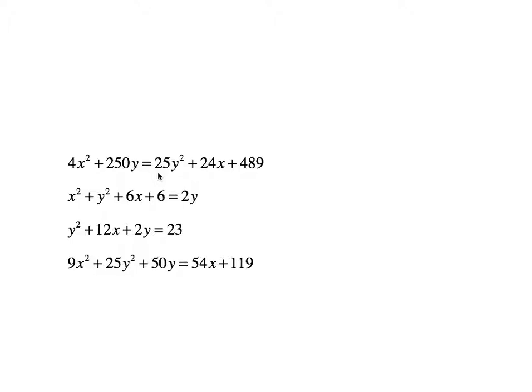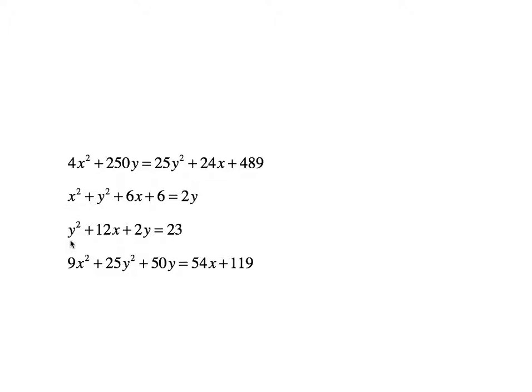And since this is the case in this first equation, we know it describes a hyperbola before we do anything else. Now in the next equation, both quadratic terms are on the same side of the equation and they have the same coefficient. This tells us that the equation describes a circle. Now that coefficient happens to be 1 in this case, but that's not always true for circles. It's the equality of the coefficients that matters.